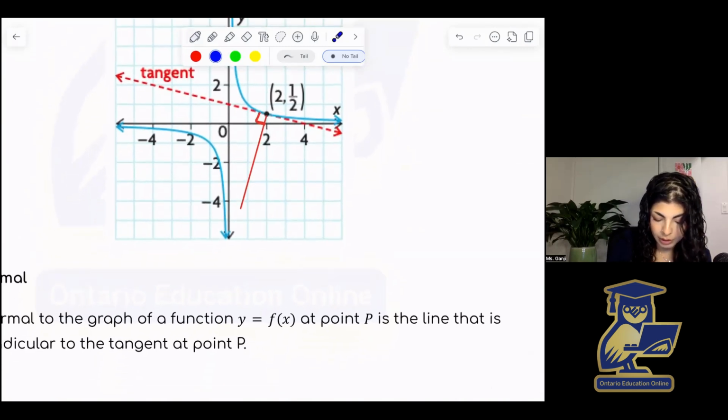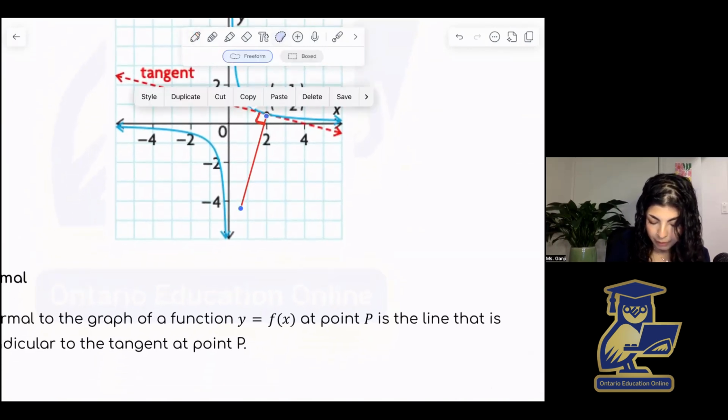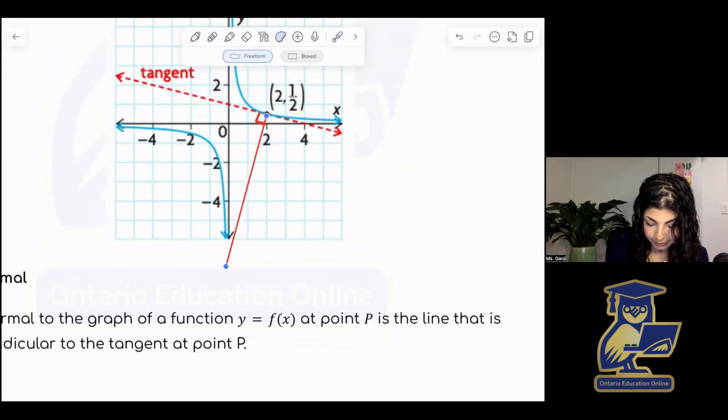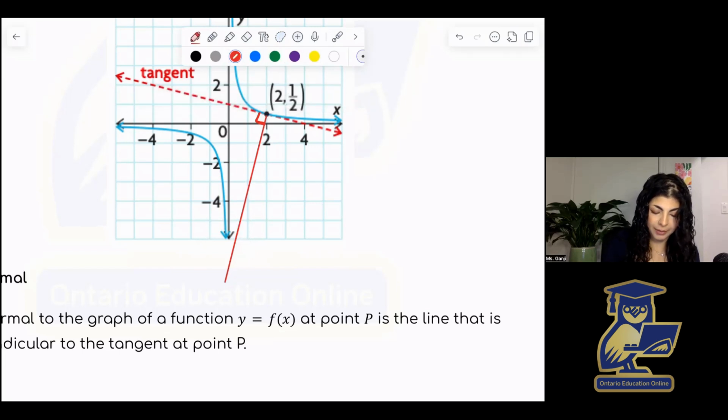This isn't really shown, but it would have been something like that, I think. Because I'm just imagining here, this would be negative 15 over 2.